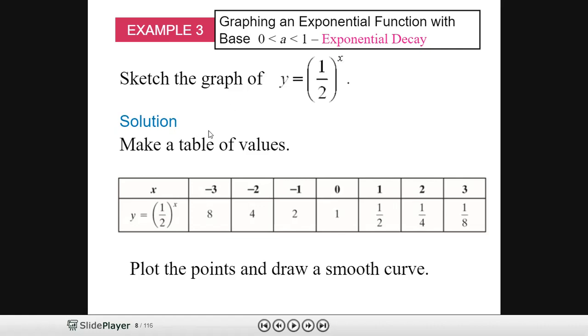So the solution is first that we will have to make the table. It's a general rule that you must start from the middle, putting x is 0, and then go at least 3 values to the right and 3 values to the left of 0. These are the negatives. So you can put the values, you will get these points. We will have to locate all these values on the graph, and that is on the next slide.